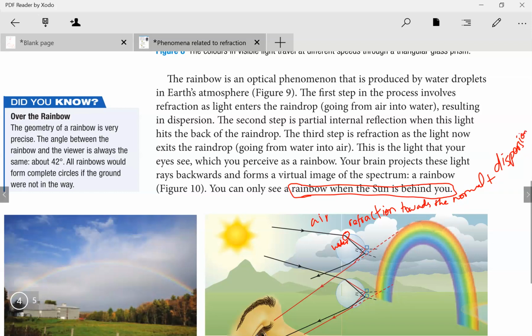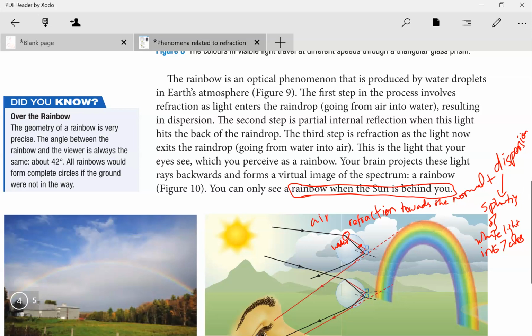Dispersion of light is the splitting of white light into its 7 colors. That's what dispersion is. So that's the first step, where white light enters the droplet and splits into its 7 colors. So here you have the separation of the colors that you see on the rainbow.